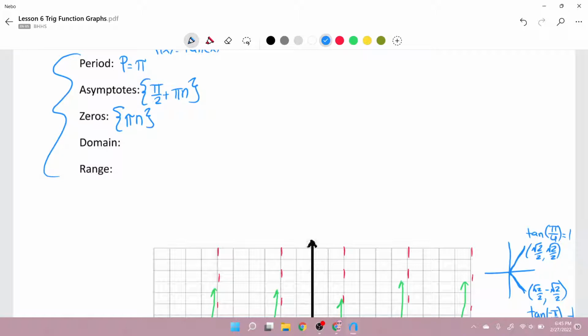Okay, so we can do our domain and range based on this information. x is an element of all real numbers such that, well, remember when we were doing our rational functions, we excluded any of our asymptotes. So we're going to say x is an element of all real numbers such that x does not equal pi halves plus pi n.